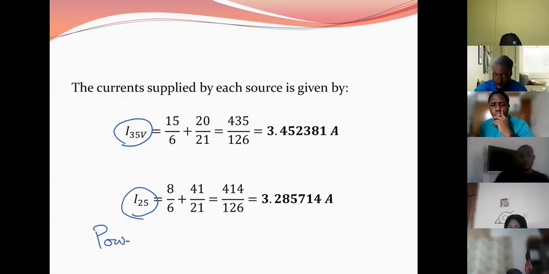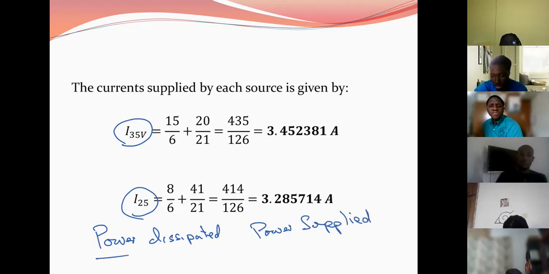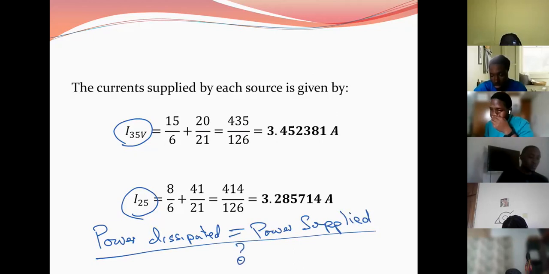So you're going to find the power dissipated in each resistor. And you're going to find the power supplied. And if they are equal, then you know that your analysis is correct. So the question that was raised earlier as to whether or not we made an error, you will be able to verify whether that error was made.